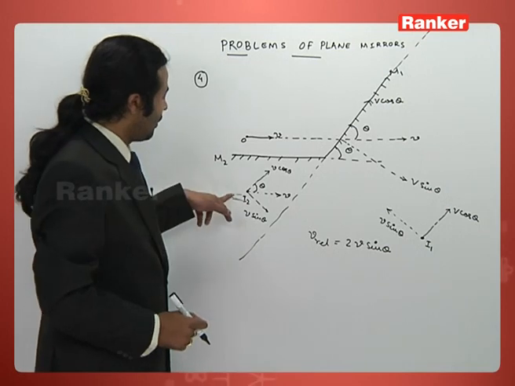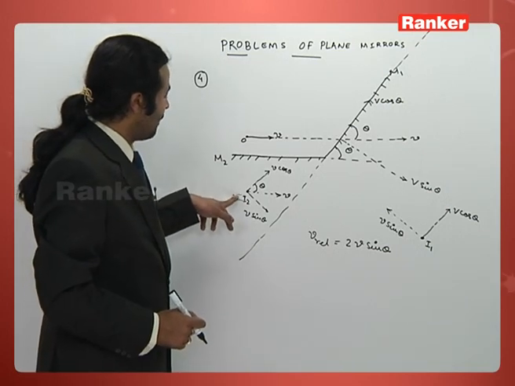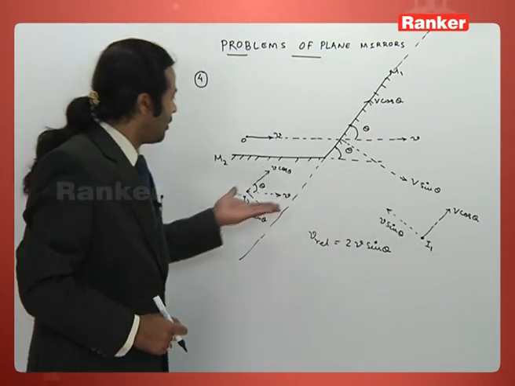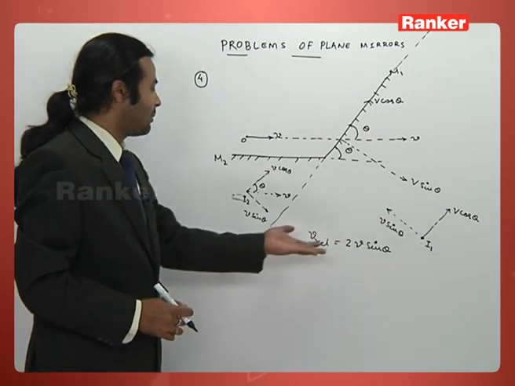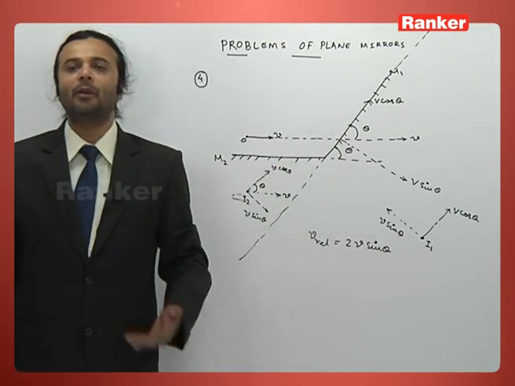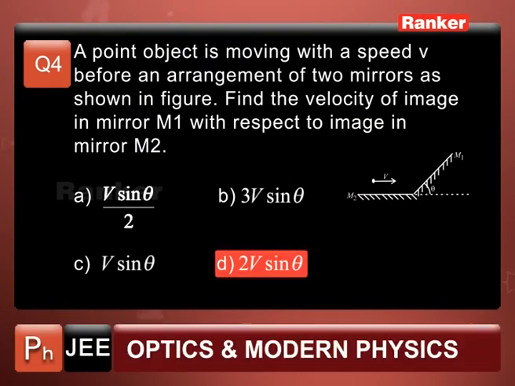I just tried to resolve the velocity of image I2 in the direction of image I1, and I took the relative in this way, which makes me know 2v sin theta, because it helps us to solve many problems related in this way. So the option will be D, that is 2v sin theta.